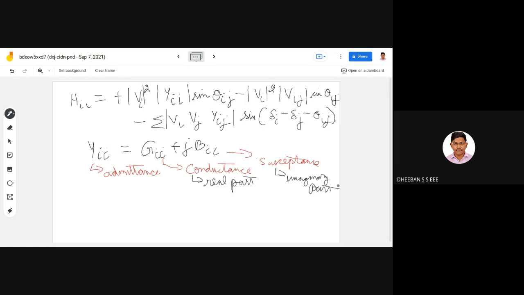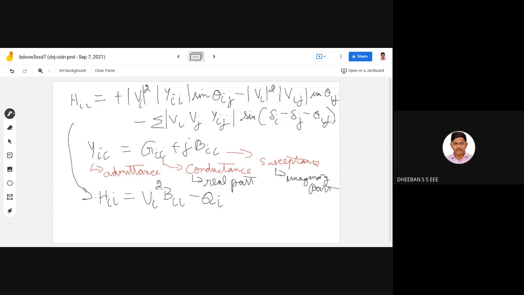On solving this equation, your HII value, I'll be writing directly. HII will be equal to Vi square Bii minus Qi. So this is the thing you'll be getting with respect to your H, that is HII.